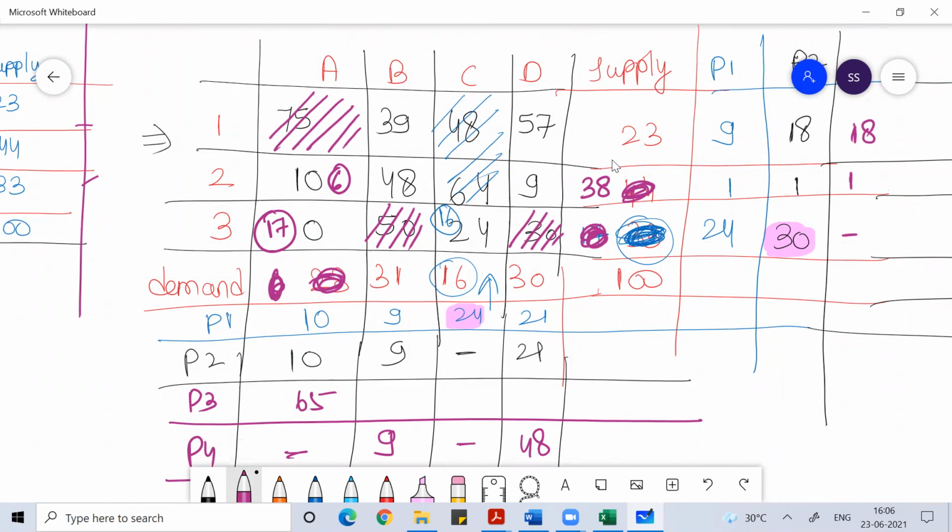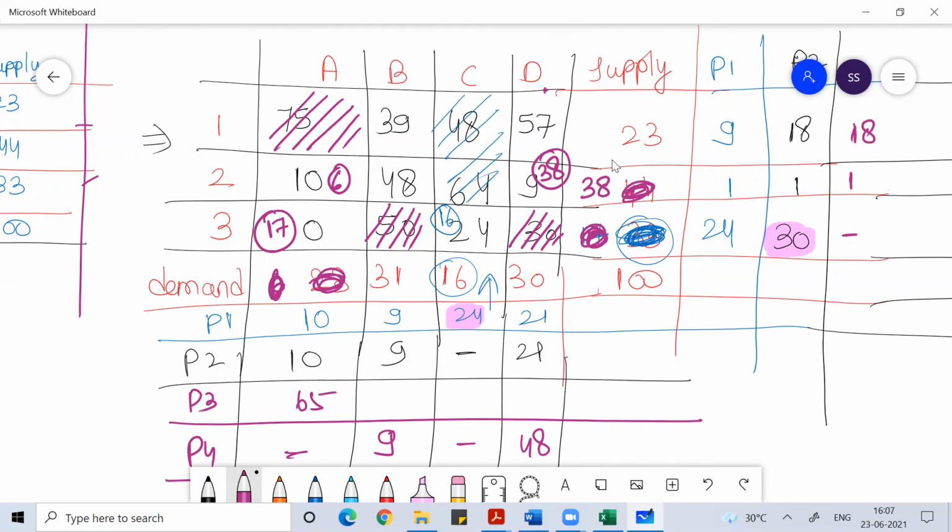I think 48 would be the bigger number. Here also you are getting 48. So you say demand is 30 and the supply is 38.